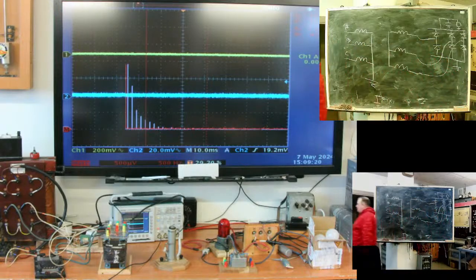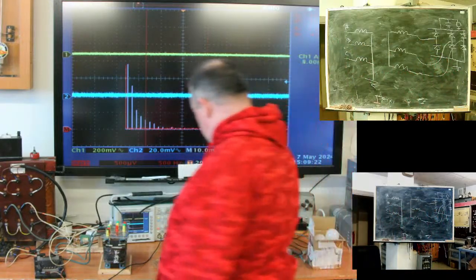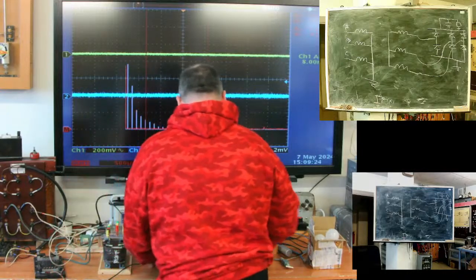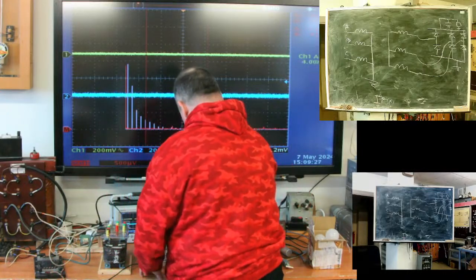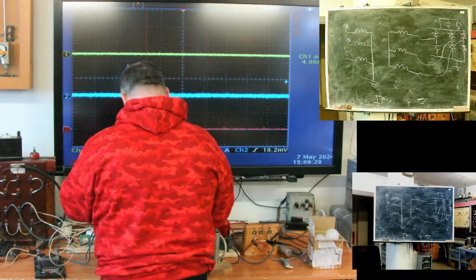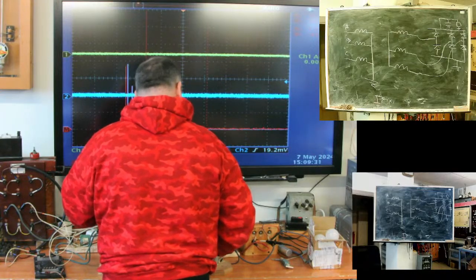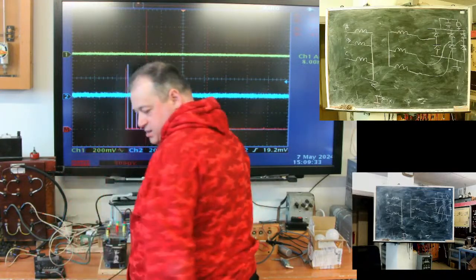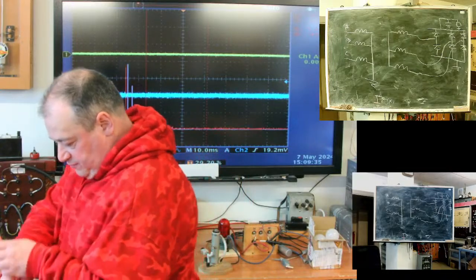But at first I will have no load. More wires.